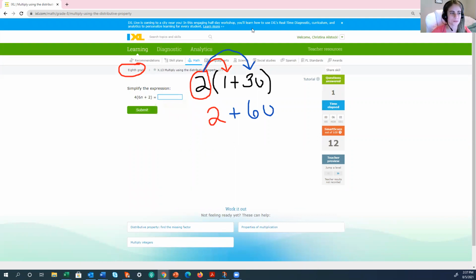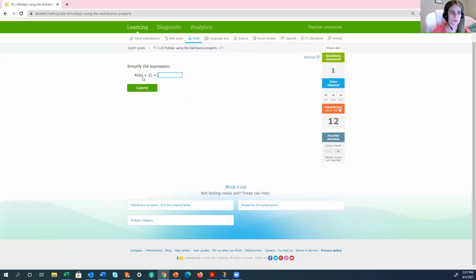Let's try a couple more. Simplify this expression. 4 times the quantity of 6n plus 2. All right, I'm being told to simplify, so I go to order of operations. Can I work within the parentheses?